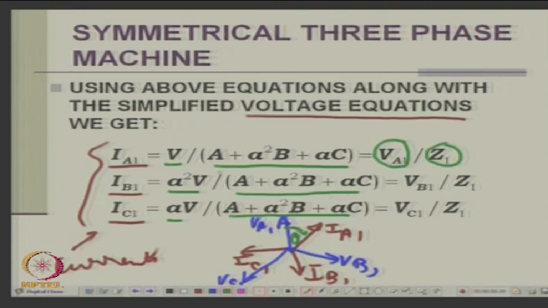After all, IA1 will be VA1 by Z1, IB1 is VB1 by Z1 and IC1 is VC1 by Z1. Is it not? What is Z1? We can call it the positive sequence impedance which includes harmonics, right.